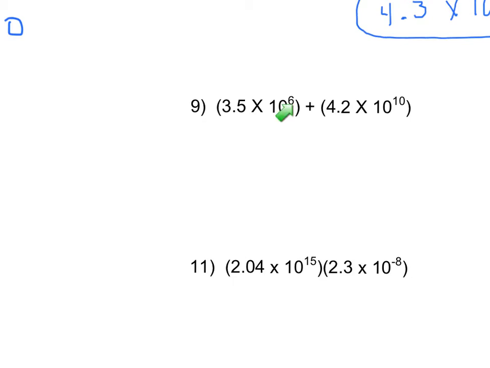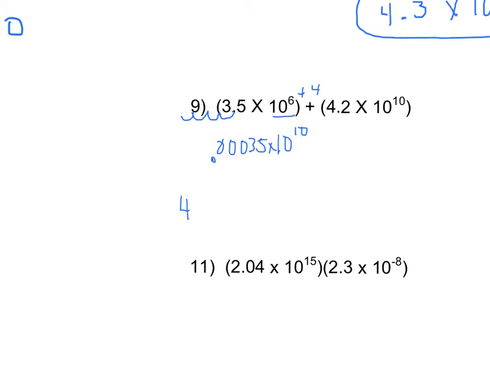Again, with addition, you have to look to see if the exponents are the same. With multiplication, you don't, but you cannot add until these are like terms and they have to have the same exponent. So we always take the smaller one and make it bigger. So to get from 6 to 10, we'd have to add 4. So now we have 10 to the 10th. And since we made the place value 4 bigger here, we have to make the place value 4 smaller here. 1, 2, 3, 4. So 0.00035. And now we can add it.